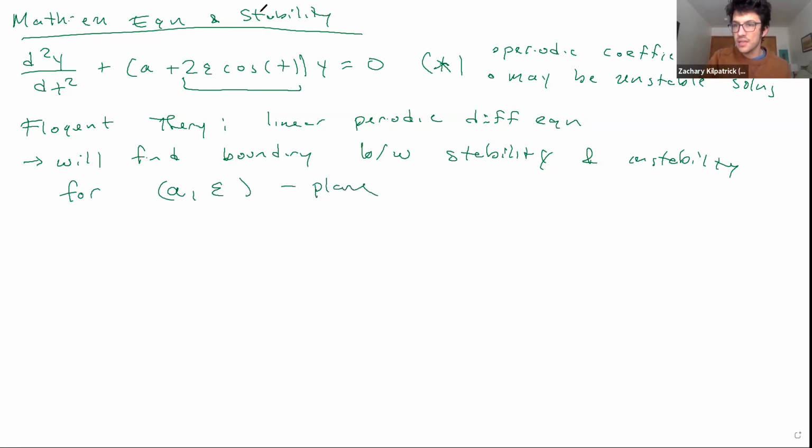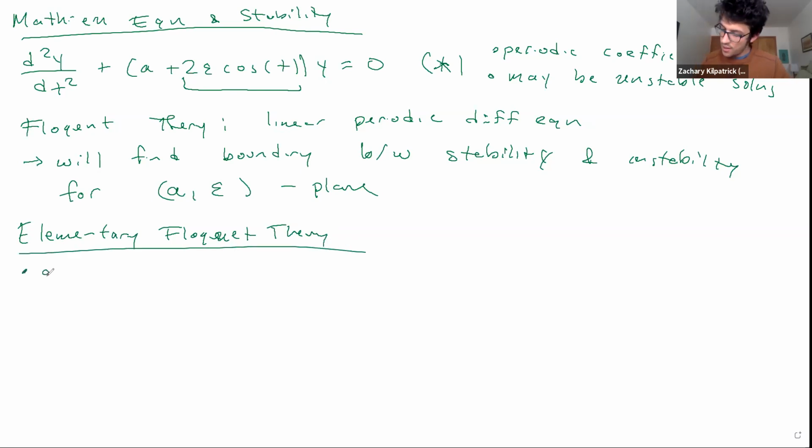As this is asymptotics and perturbation theory, you might expect we've got to have some sort of small parameter to deal with. So what's Floquet theory? It just allows us to say something about linear differential equations that have periodic functions as coefficients.